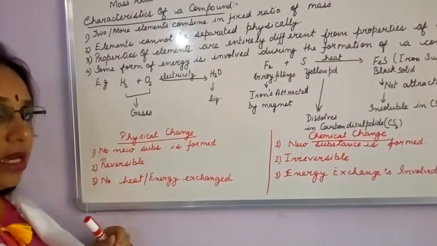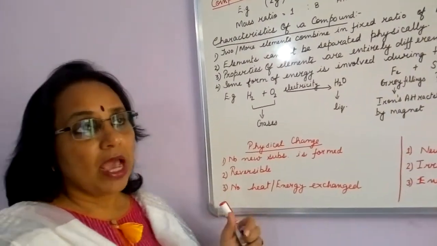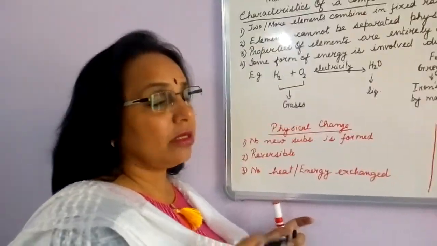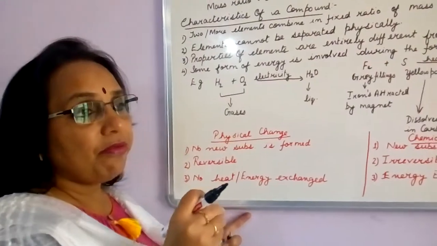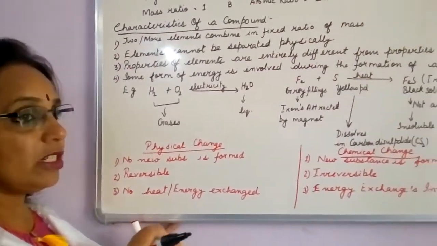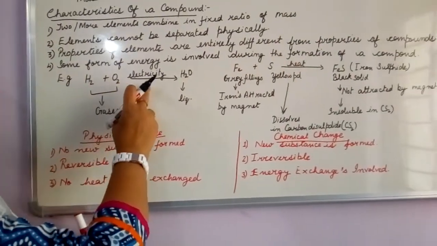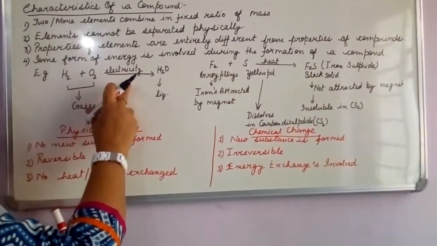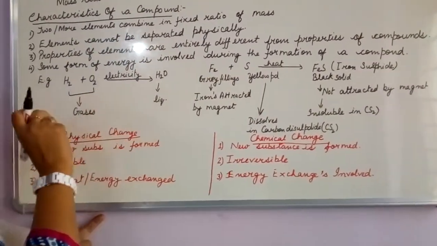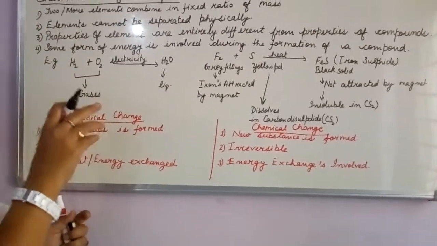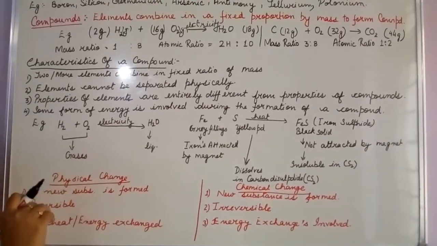Whenever a compound is formed by the addition of the elements, some form of energy is always involved. It is either given out or it is taken in. For example, here you can see when hydrogen is reacting with oxygen, it is reacting in the presence of electricity, or electricity is absorbed.